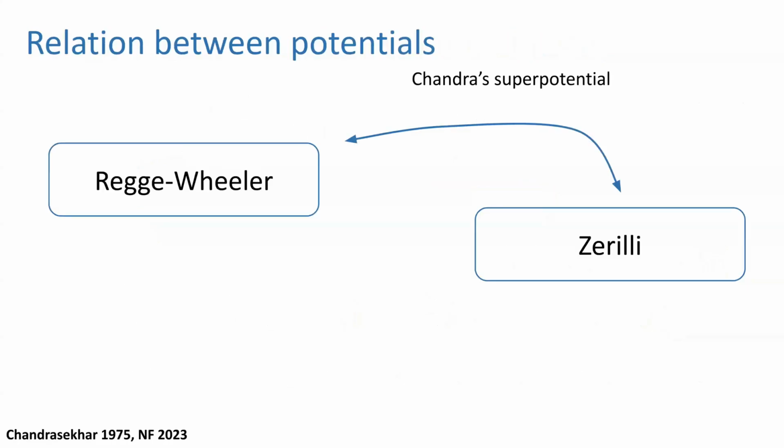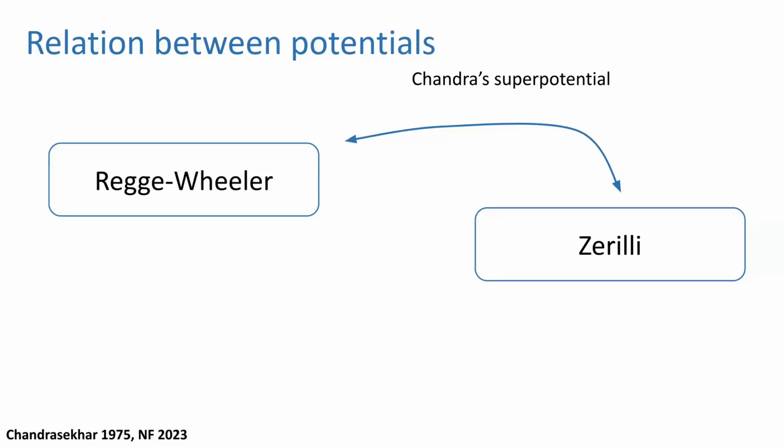What is cool in general relativity, something I found a couple of years ago, is that in the 70s, Chandrasekhar managed to find a relation between the Regge-Wheeler and the Zerilli potential, because in general relativity these two potentials have the very cool property of being isospectral. It means that even though they're very different from each other, the whole spectrum of infinite frequencies is exactly the same.